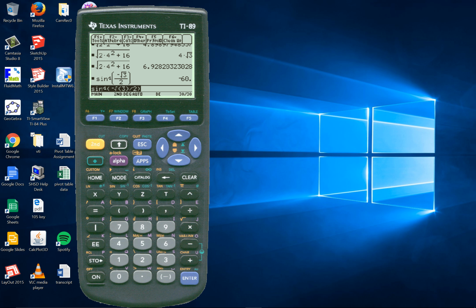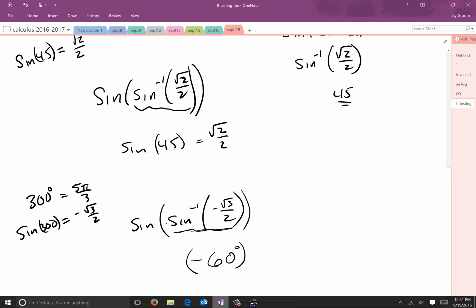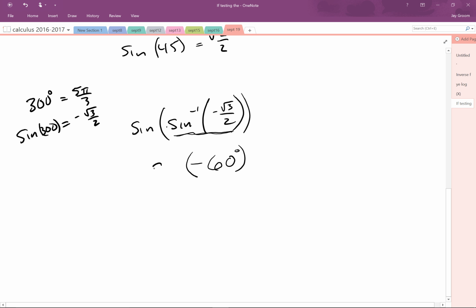So the sine of negative 60 is the square root of 3 over 2. It's the same answer. So going this route, we end up with exactly the same answer, because this is approximately negative 0.86666 or thereabouts. Like, whoa, that's cool. I started with x, I finished with x.